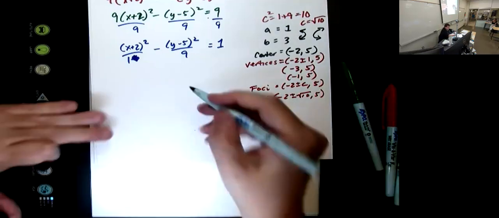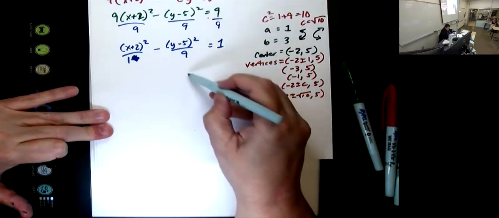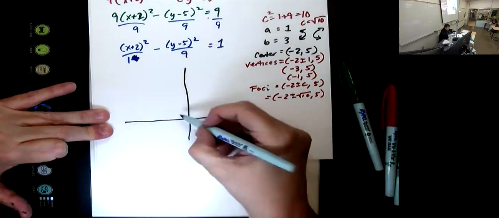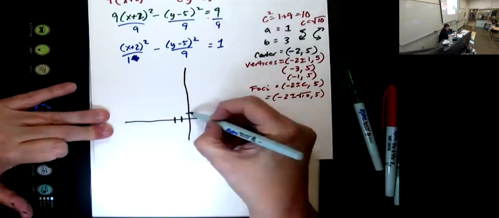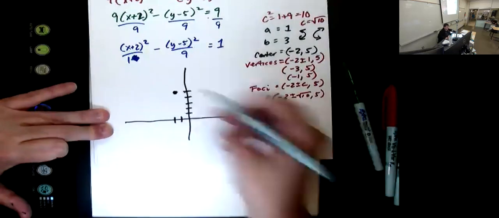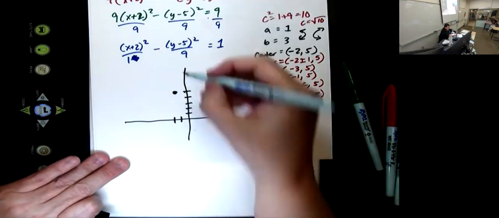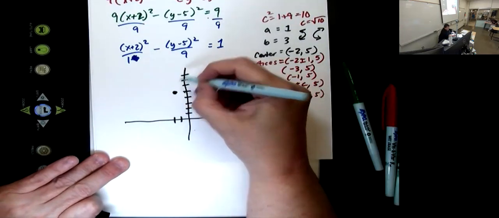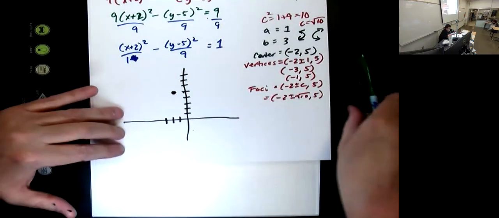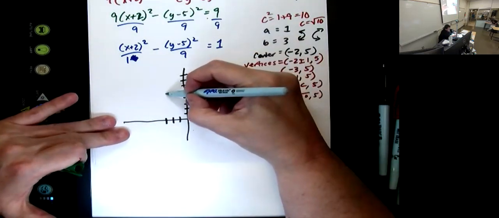You draw it. -2, 5 is in the upper left. It's over here. And I got a little tiny box. We're only going left or right 1.